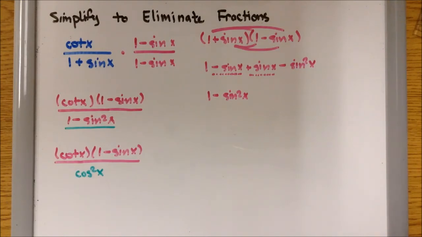Alright, so after that, I see that nothing else I can do, so what I'm going to do is distribute cotangent of x to everything in the numerator.